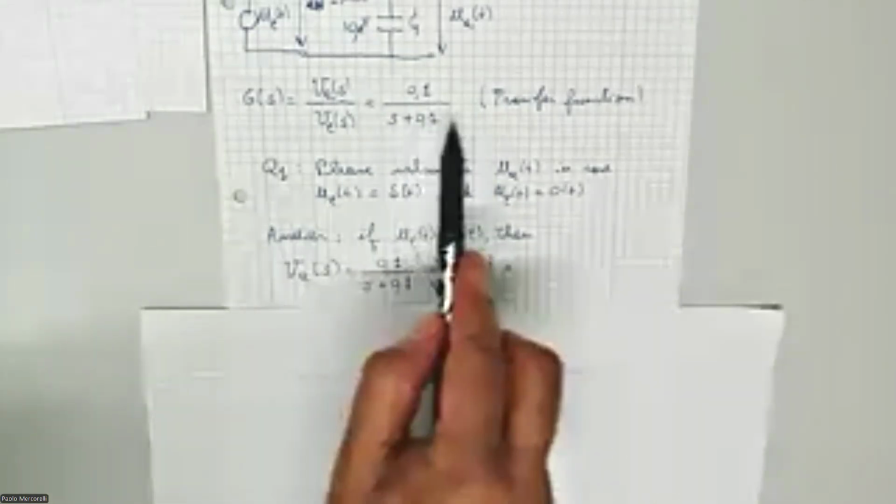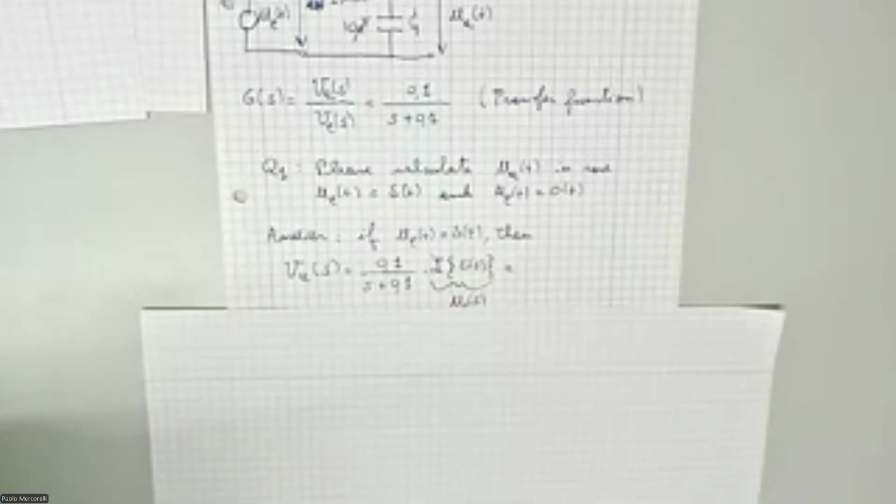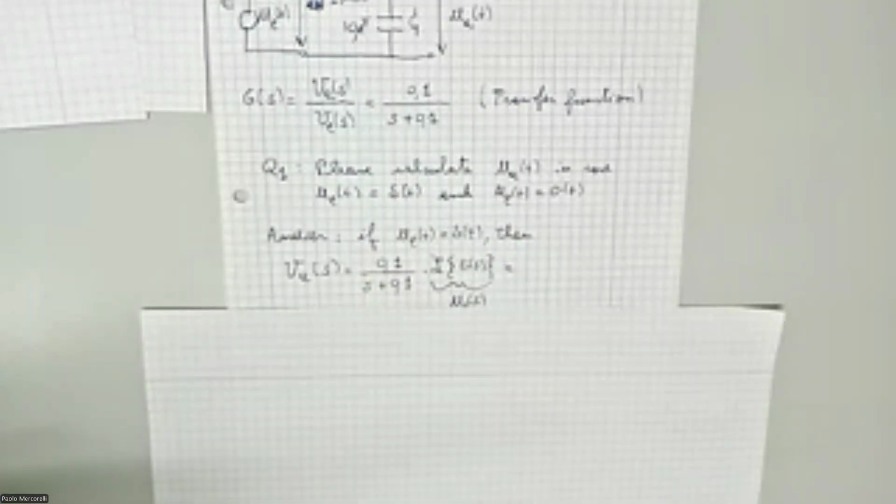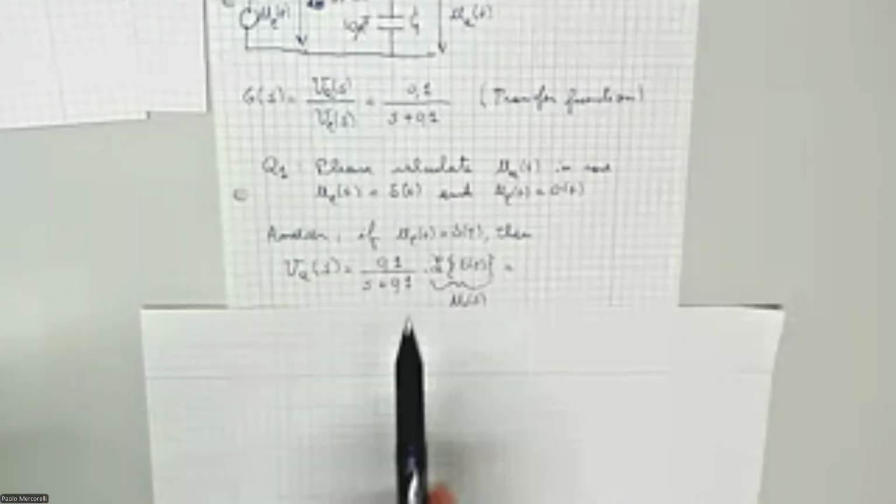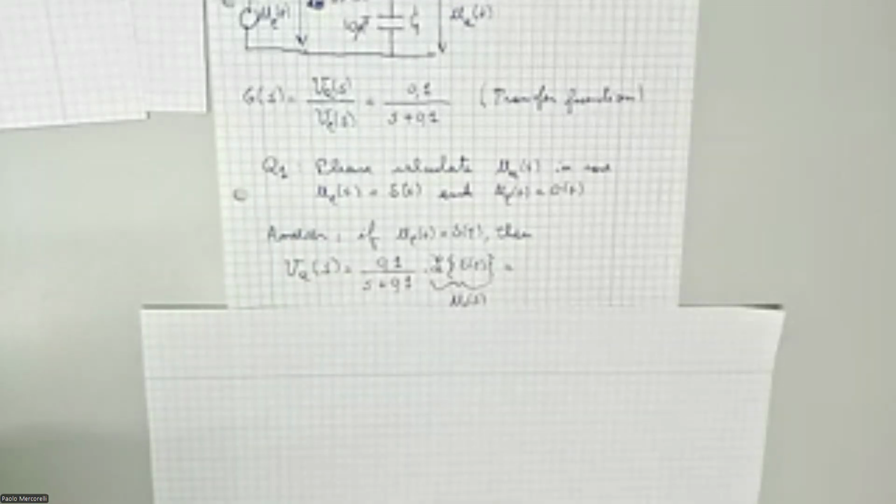Now, to emphasize again, the transfer function is something which does not depend on the input, because I normalize by the input. If I do the back transformation, the transfer function is the impulse answer.